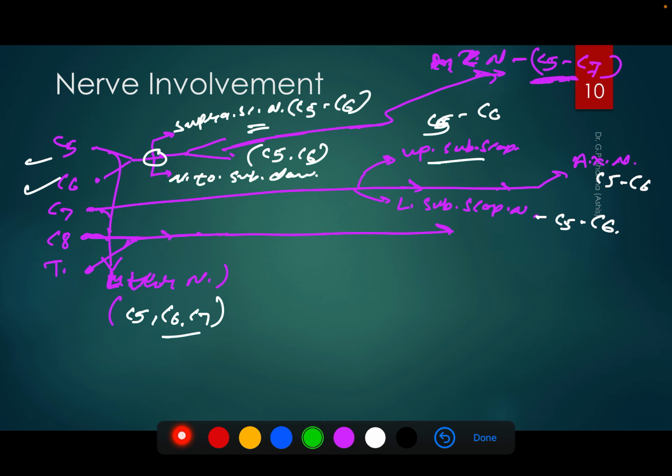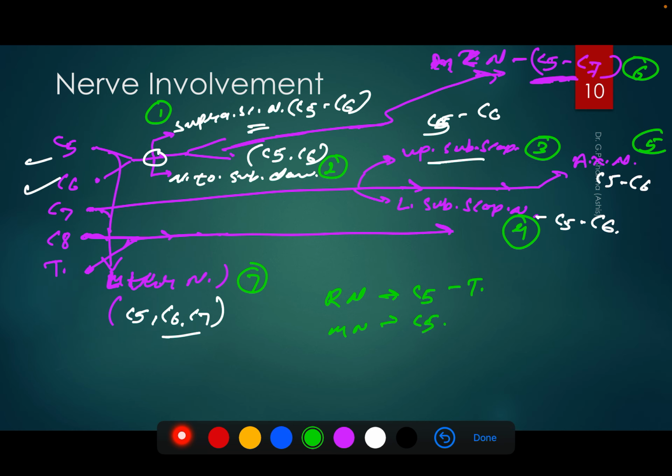So how many nerves does it involve? Look at here: 1, 2, 3, 4, 5. Here also some root is involved, 6. Here also some root is involved, plus we have the radial nerve. Radial nerve root value is C5 to T1, plus we have the median nerve, its root value is C5 to T1.